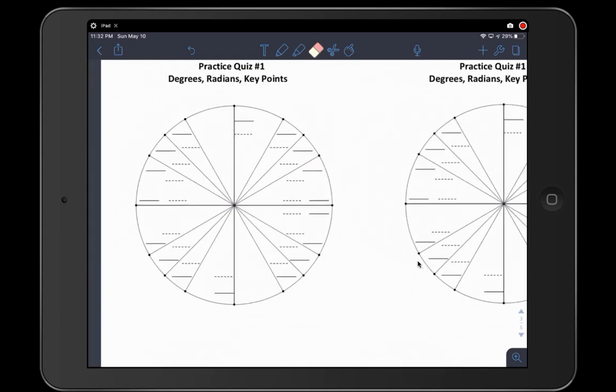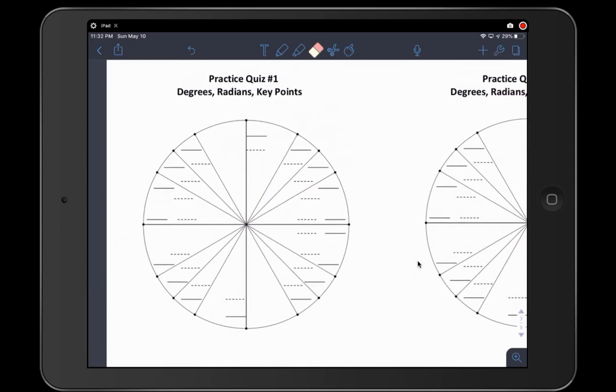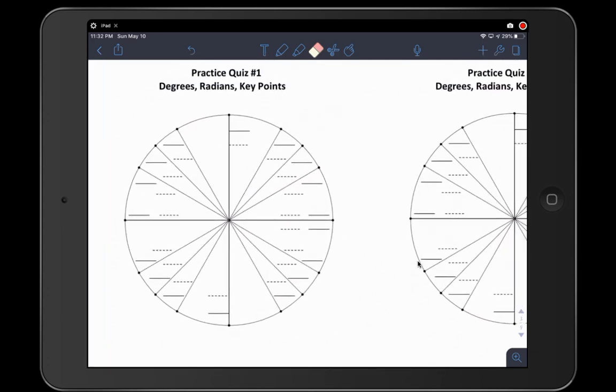So what your goal is, and I want you to start timing yourself, I would hope that you would get down to maybe 2 minutes. That's the goal there. But 3-4 minutes maybe would be okay to fill out the whole unit circle with radians and degrees.